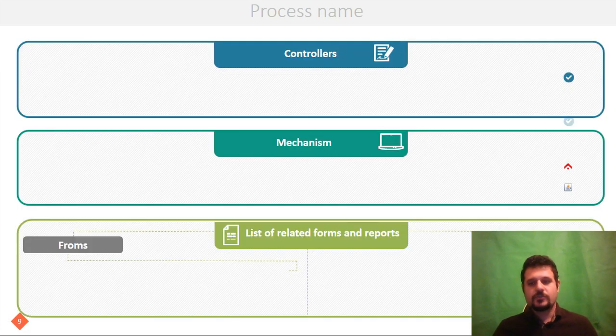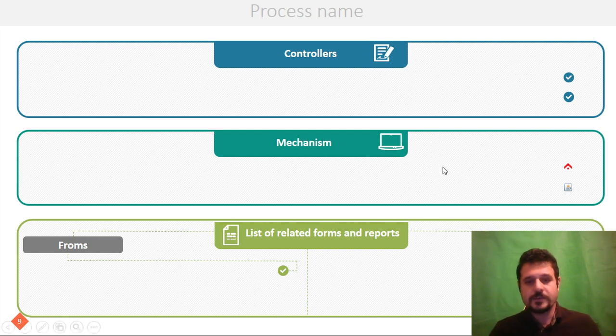And then next, we should determine some other information that we use through the processes. For example, controller. What's the controller? Anything that can restrict the processes. We name as controller things like procedures, forms, or any other information or document that can create a framework, restriction or boundary for our processes. Right here: procedures, approvals, rules, and any other situation that can affect these processes.